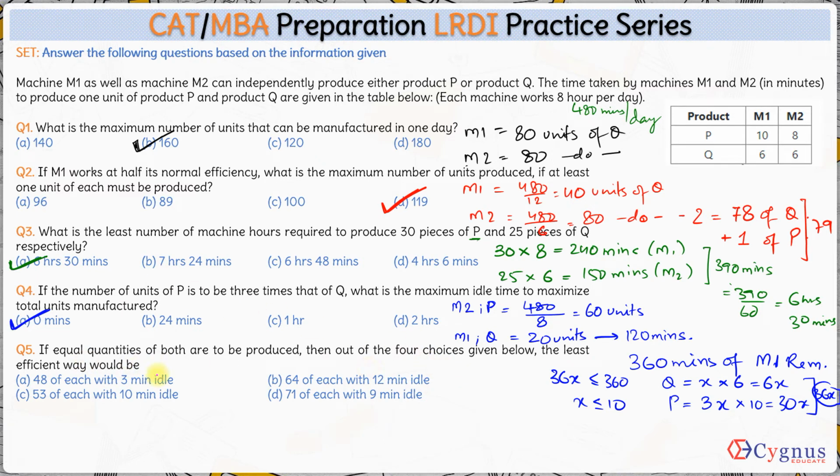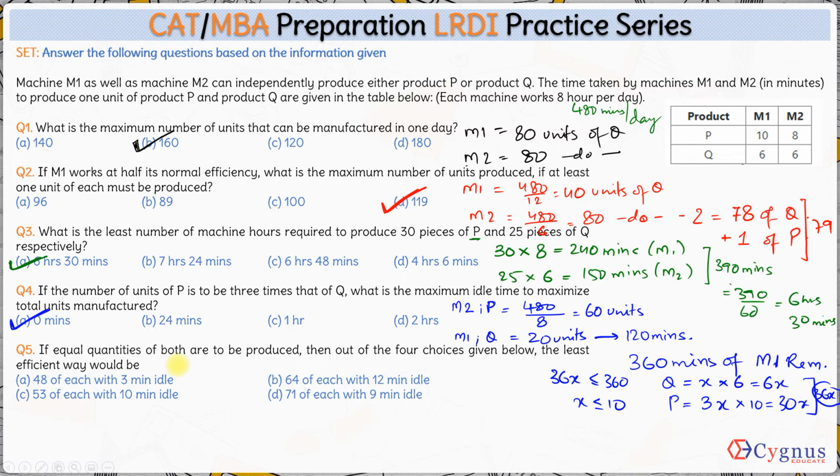And how can we figure that out? By simply comparing the number of units produced per amount of idle time. If the number of units produced per amount of idle time is high, that means the productivity is high. If it is low, that means the productivity is low.